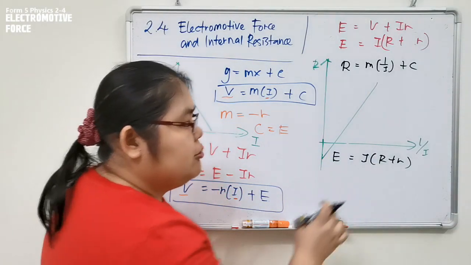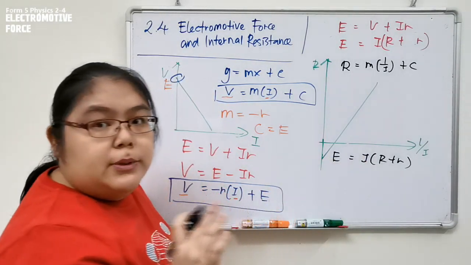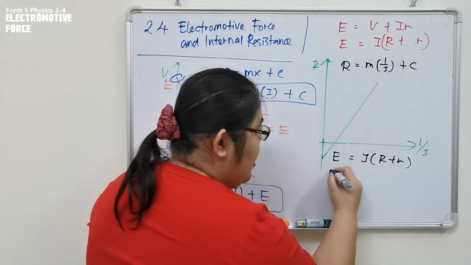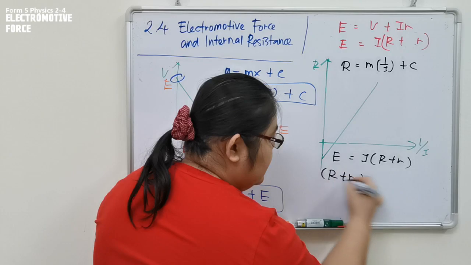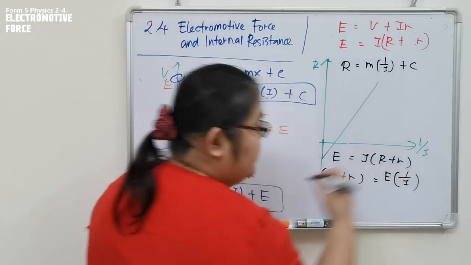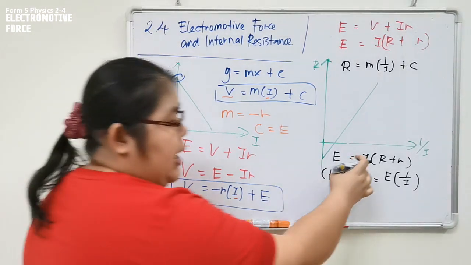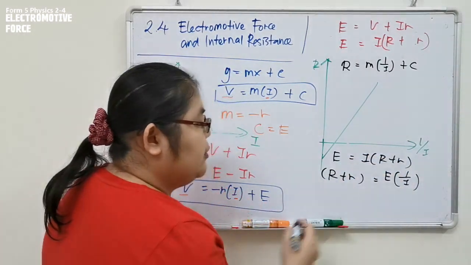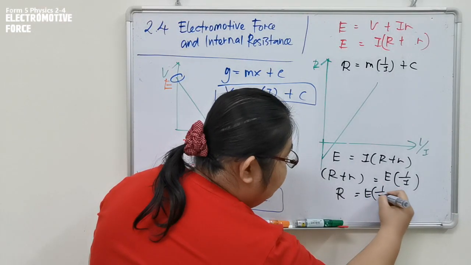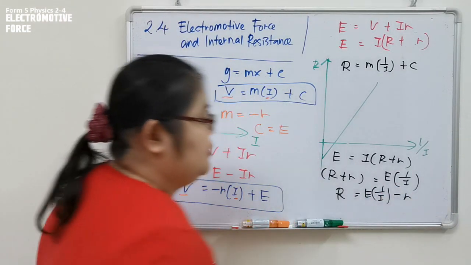So the I must be divided. I move the I over here. So R plus small r equals E times 1 over I. I divide by I, so from here I left R equals E times 1 over I minus r.